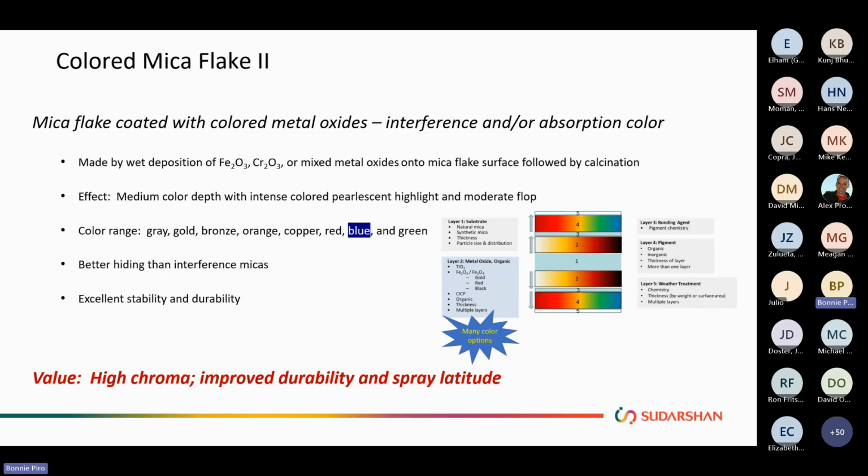These types of pigments do offer hiding. They are excellent for durability. They're not as intense on the sparkle side because of the extra layering, but they do improve the color portfolio space that you can achieve, as well as that durability.